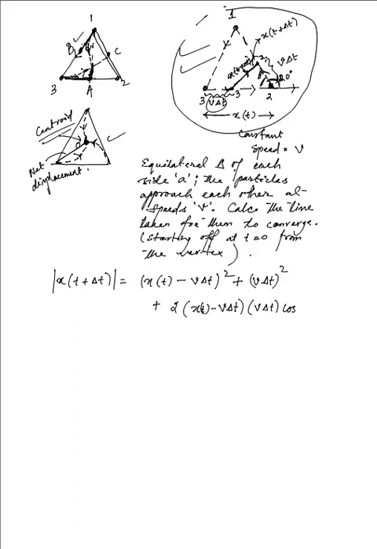So the angle between the arrows is this one. One of the arrows is along this direction, the other arrow is along that direction. So the angle between the vectors is obviously the exterior angle, that is this one. This is 120 degrees. And so this is cos 120 degrees, and all under root. I can just take the square on the left hand side to avoid the root term.